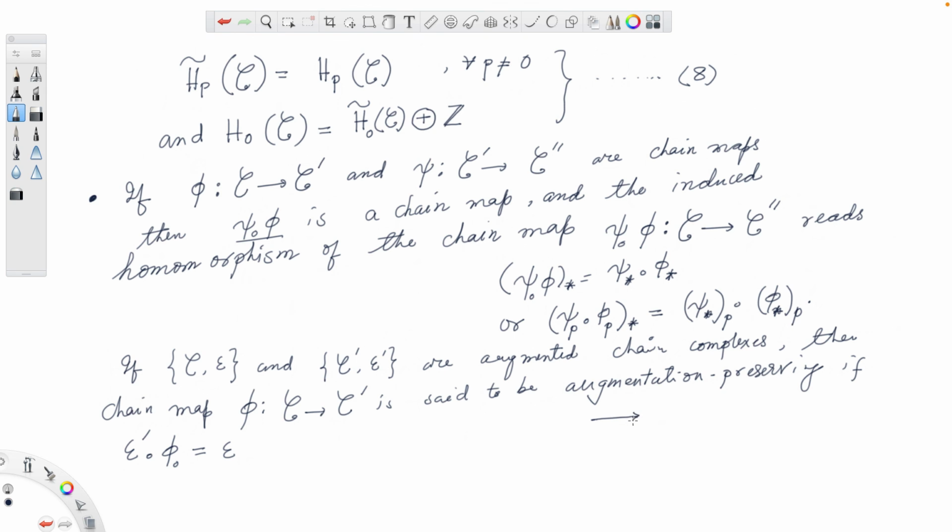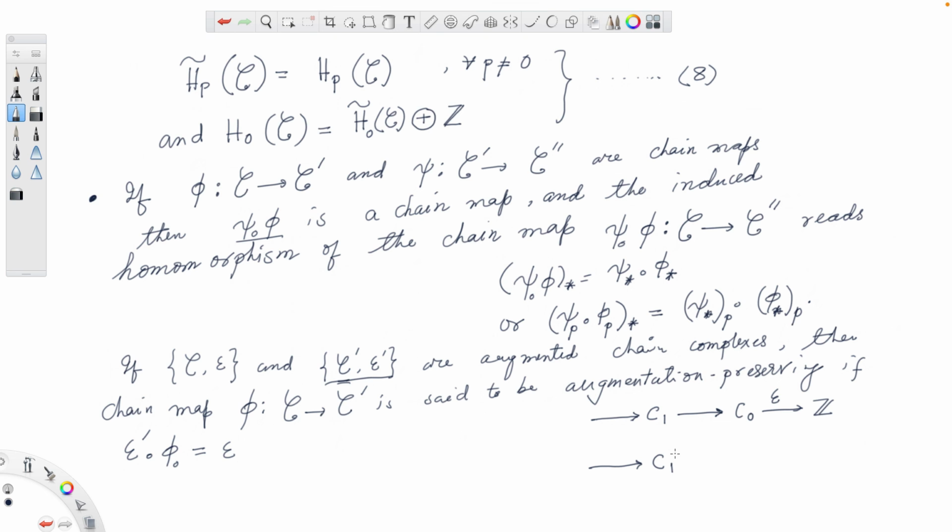So let me draw this commutative diagram. This is C1, okay. So the chain group in dimension 1, and then we have the chain group in dimension 0. It's related to the chain complex C, and then the augmentation map epsilon from C0 to Z. And now let us go to the augmented chain complex C prime comma epsilon prime, where we have this exact sequence.